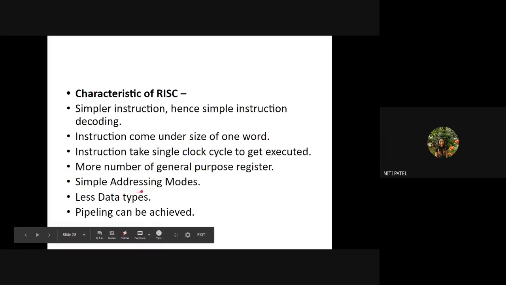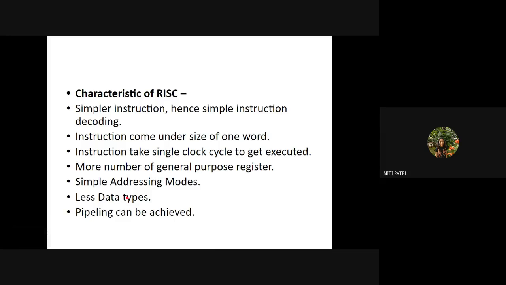It has very few data types. Less data types means move, then addition, subtraction. Addition and subtraction belong to the category of arithmetic. Then complement A, complement B all come under the group called complementers. Then rotate, shift, all these come under rotate.